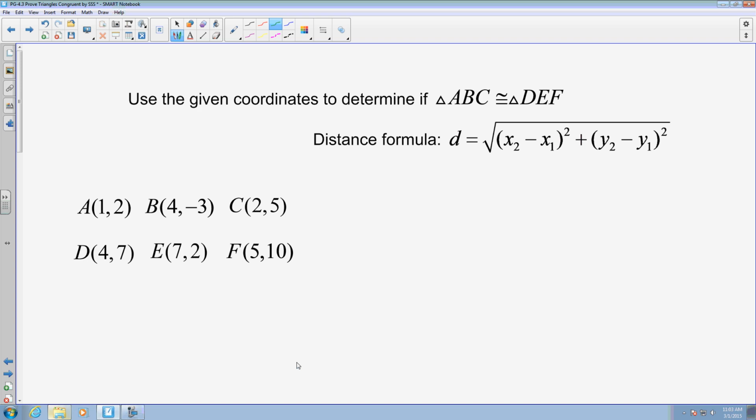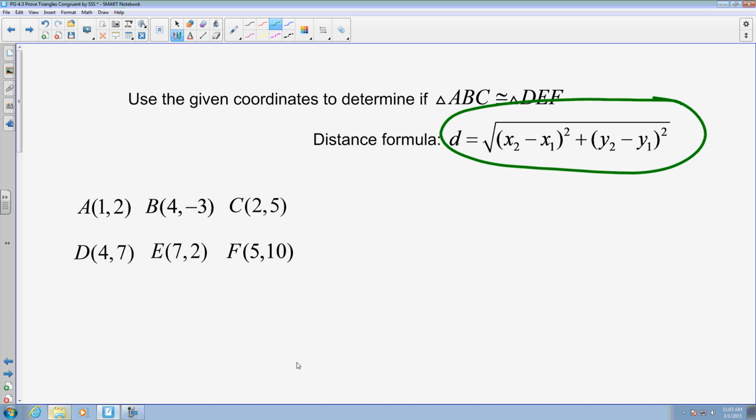So the only way that we can prove that these are the same length measures is by taking the corresponding sides and proving that they are the same length by incorporating the distance formula. So we're going to have to use the distance formula to help us solve this, because just drawing a picture and saying that, oh, they kind of look the same does not show proof.